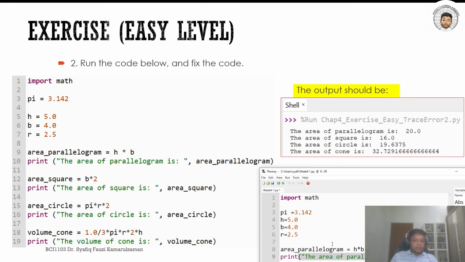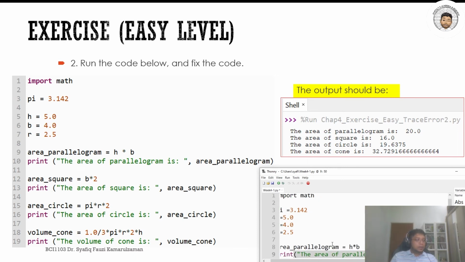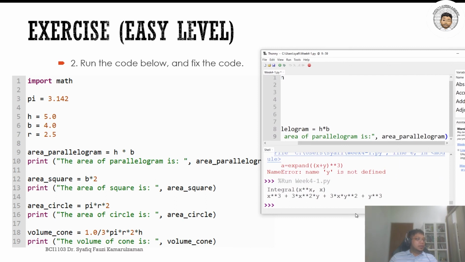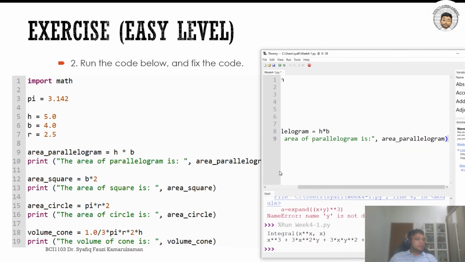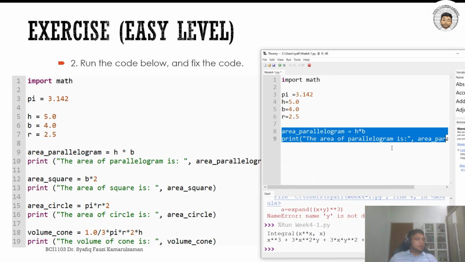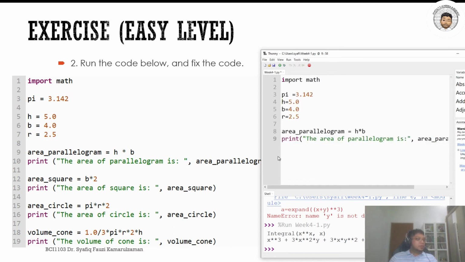Because I'm lazy, I am going to copy paste everything. I copy paste it 4 times. Programming is copy pasting, so don't worry.